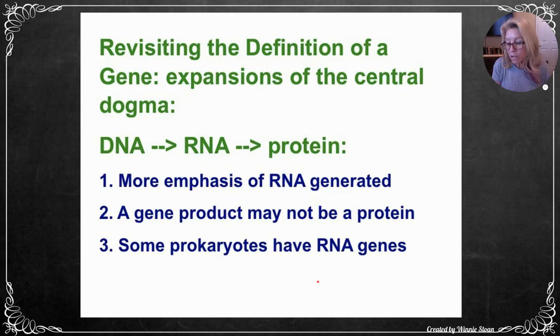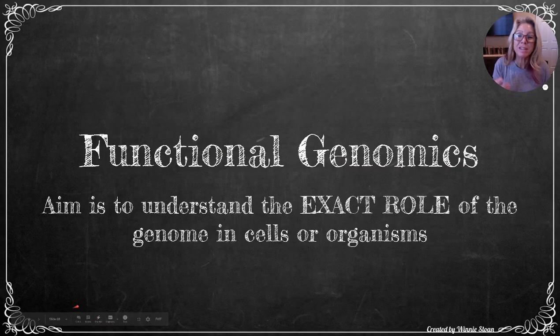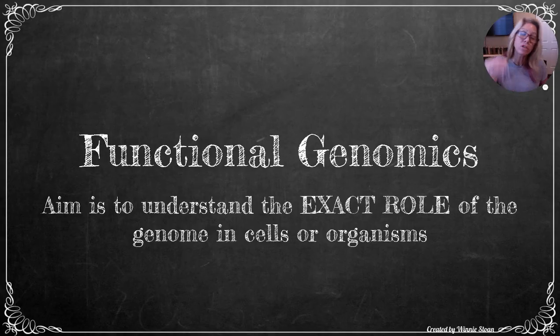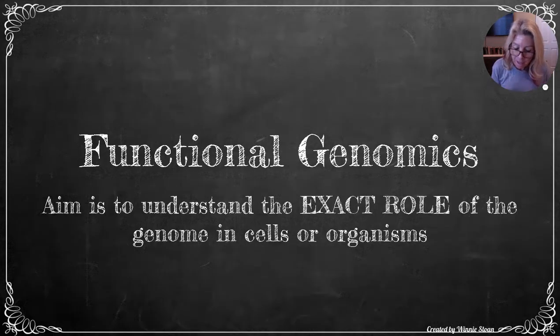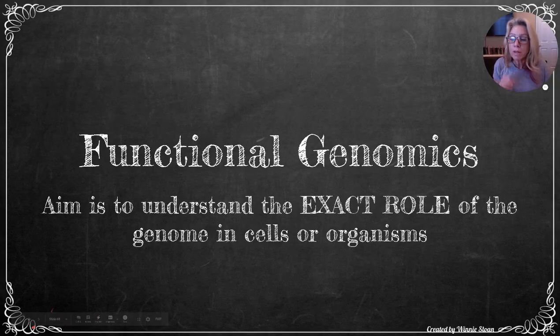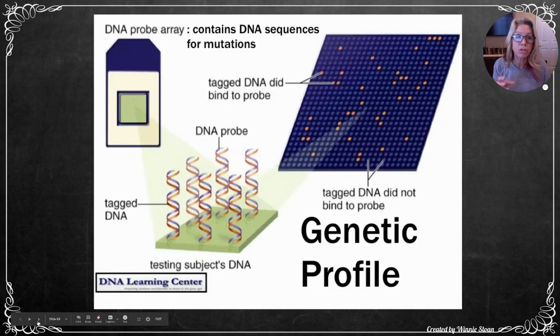So then going to functional and comparative genomics, with all this information, the aim is to understand the exact role of the genome. Before, we were just looking at the proteins that it would code for, and maybe there's some other functionalities that we haven't looked at yet, and trying to understand that exact role. And so put that in your notes. So one of those is DNA microarrays, trying to understand that.